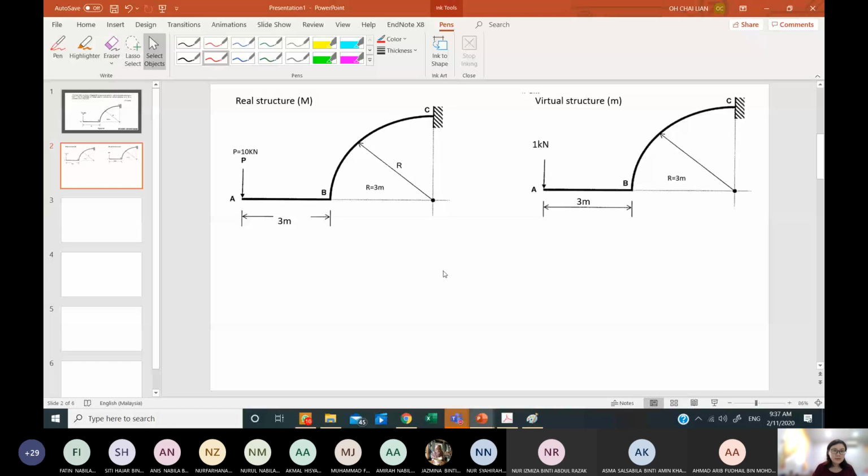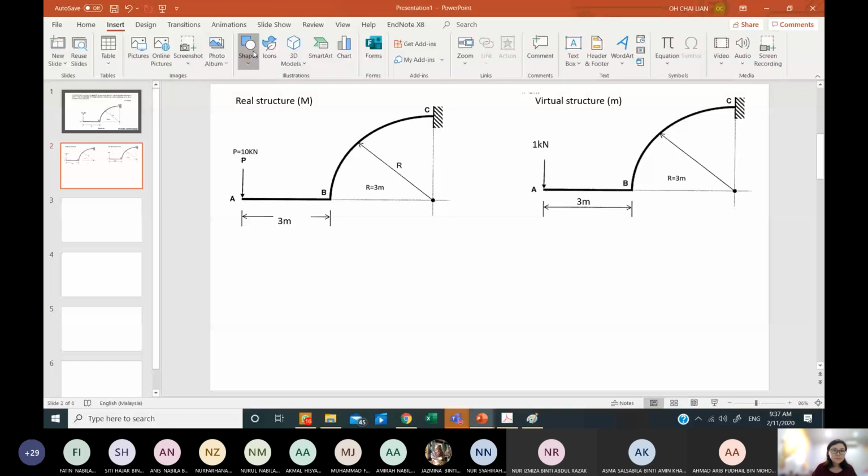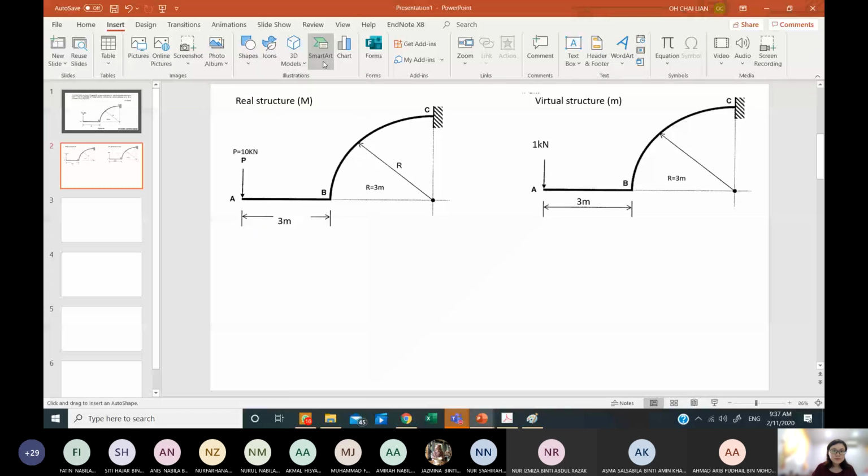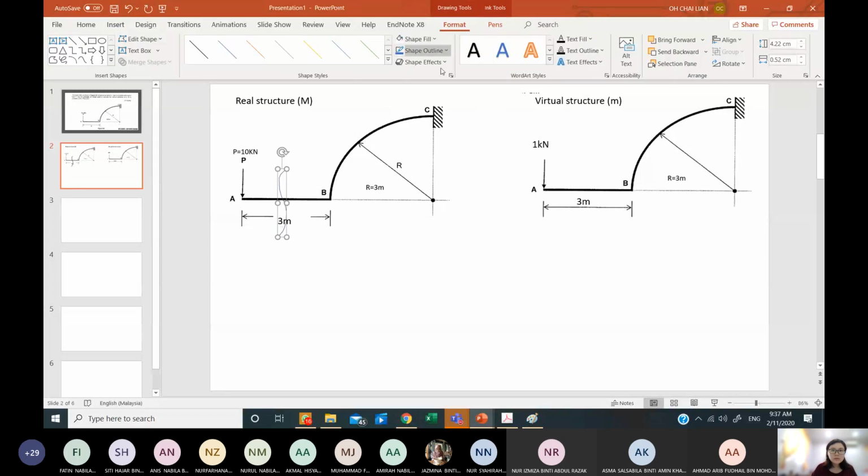Crazy. Why do my pens become like this, small?